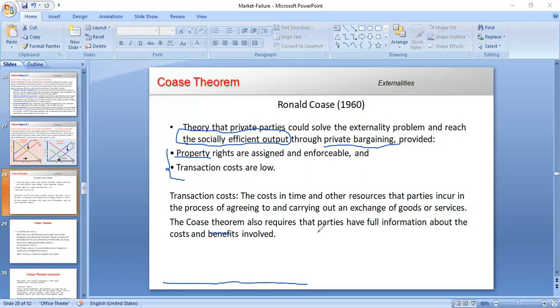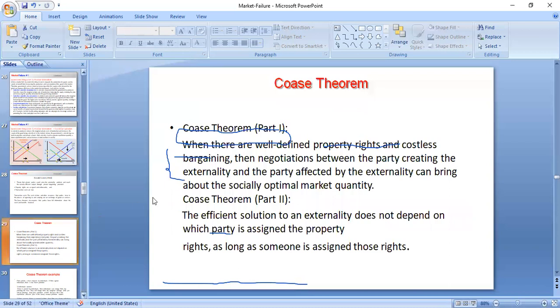And he gave a number of examples, and in his examples, he explains a number of scenarios.